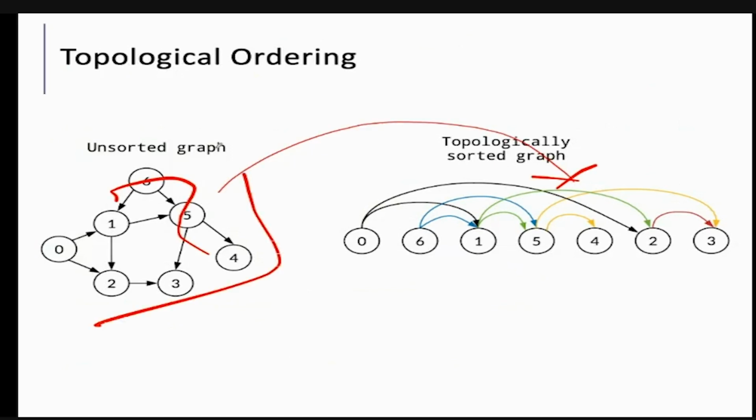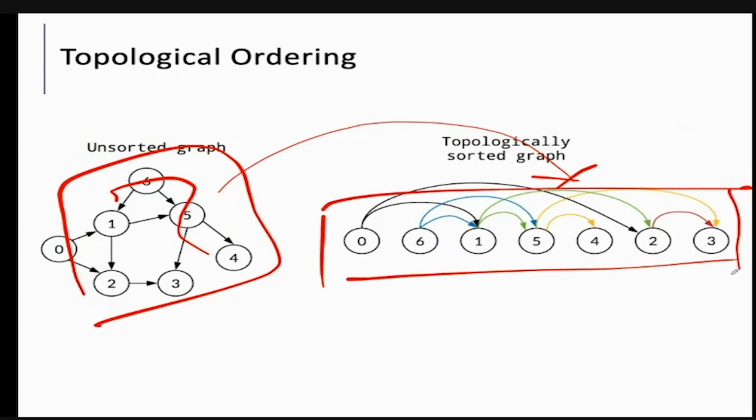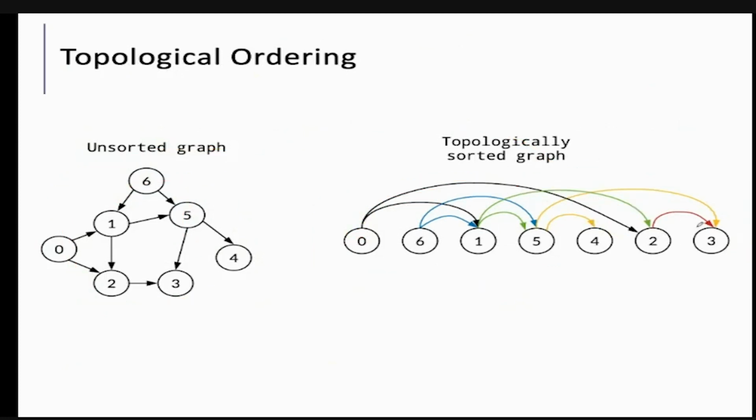This graph is represented in another version here. Here you can see that the vertices are written one after another in such a way that the edges actually go from left to right. These edges only go from left to right. See again, no edge comes backward.